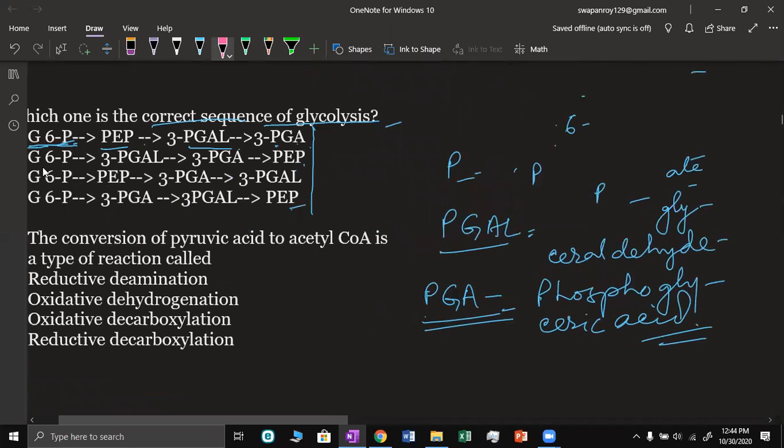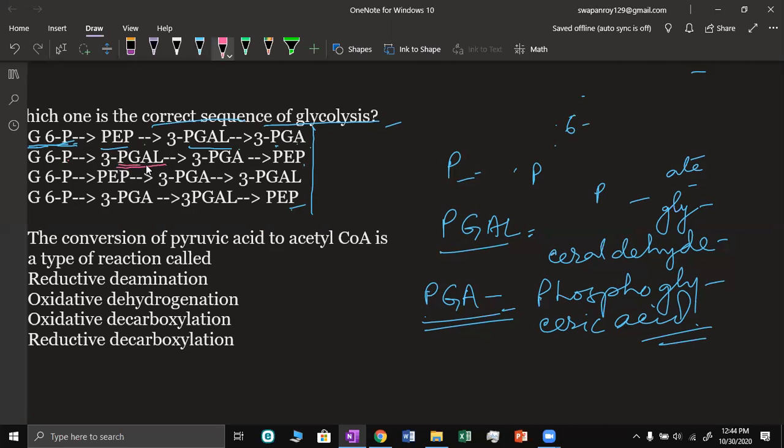So in this sequence, first of all the first compound is glucose 6 phosphate. The second one will be PGAL, not PEP. PEP will be the last one here.